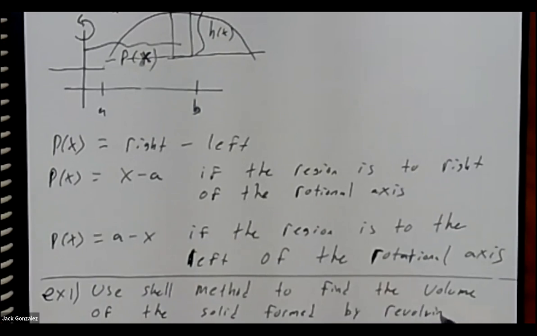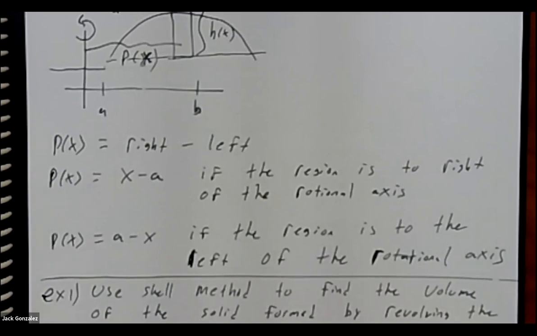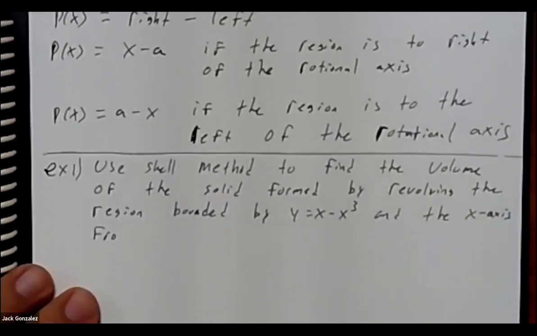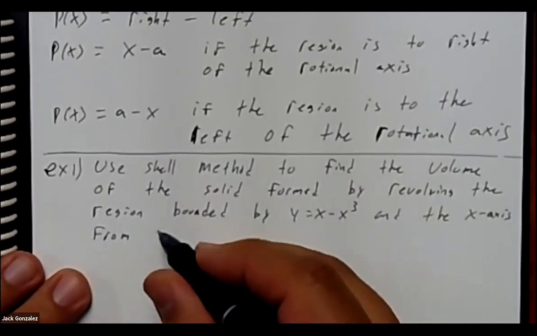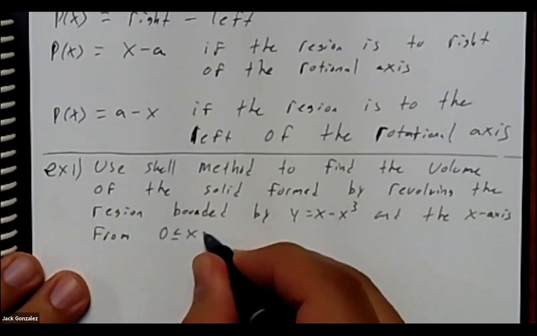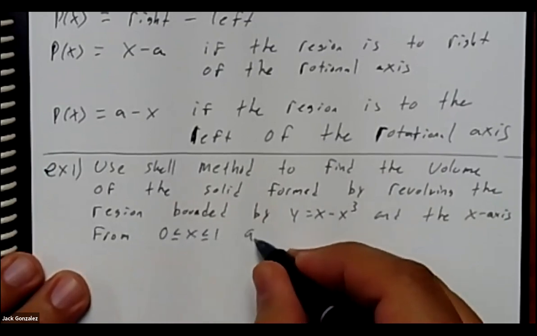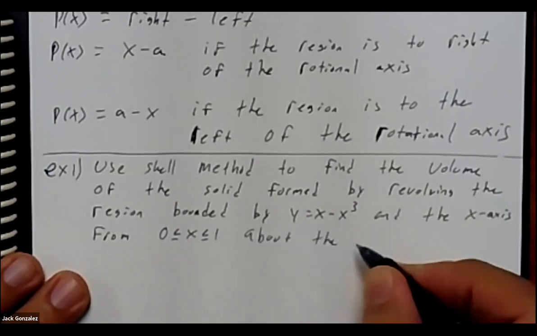revolving the region bounded by y equals x minus x cubed and the x-axis, from 0 to 1, about the y-axis.